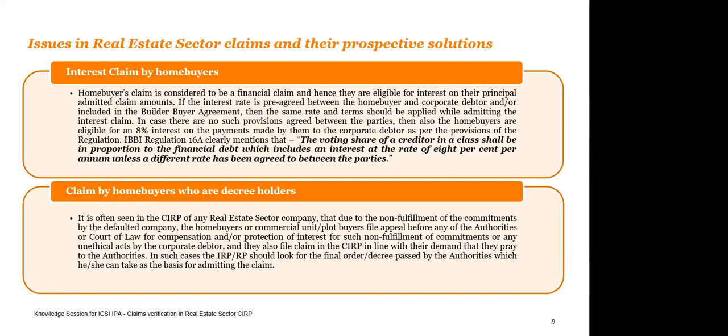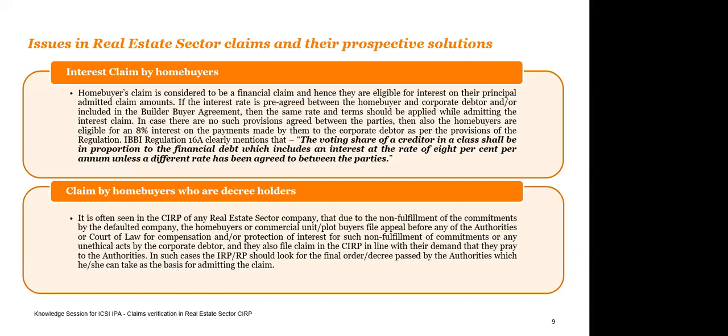Whenever it comes to a financial claim, as per the code, it is eligible for interest because of its time value of money. So obviously they are eligible for interest. If the interest is pre-agreed, for this we have to look into the builder buyer agreement.